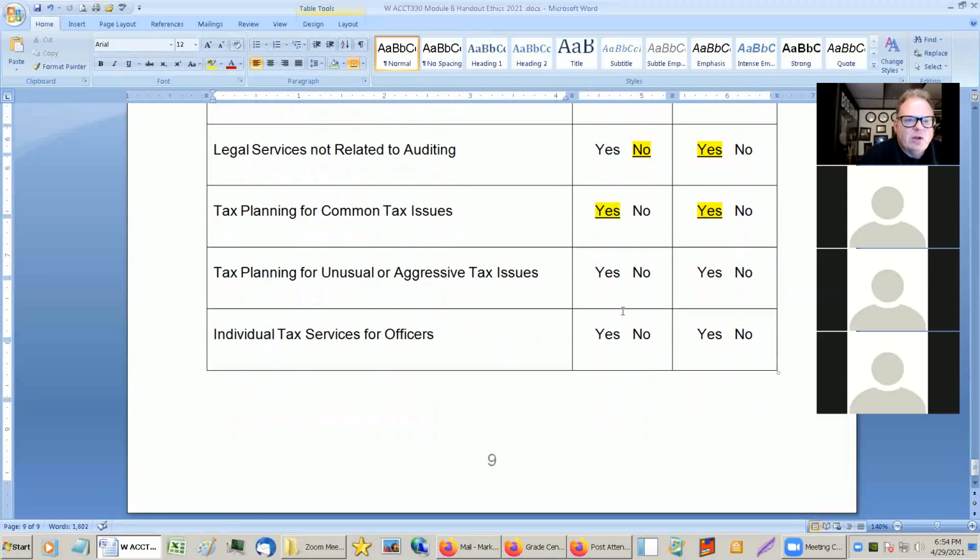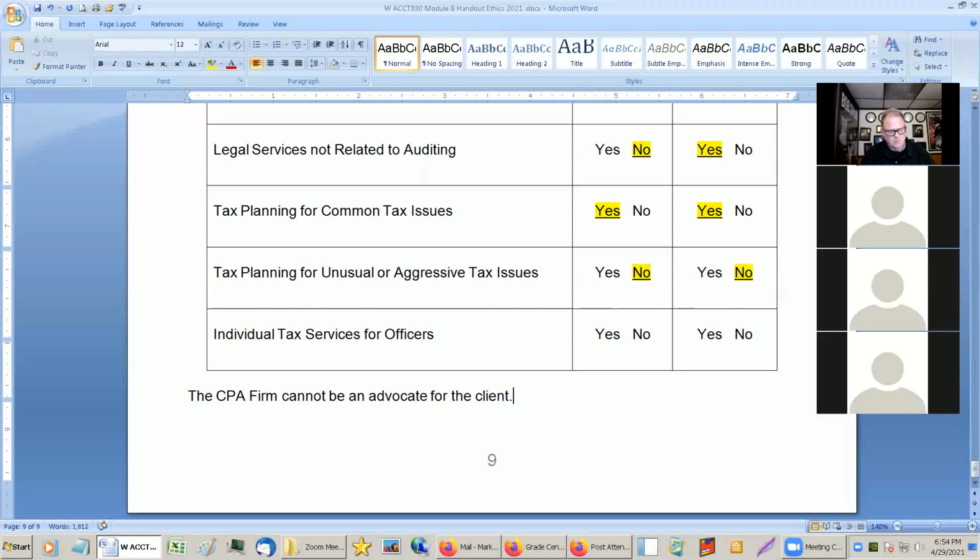Tax planning for unusual or aggressive tax issues. No. And no. The CPA firm cannot be an advocate for the client.